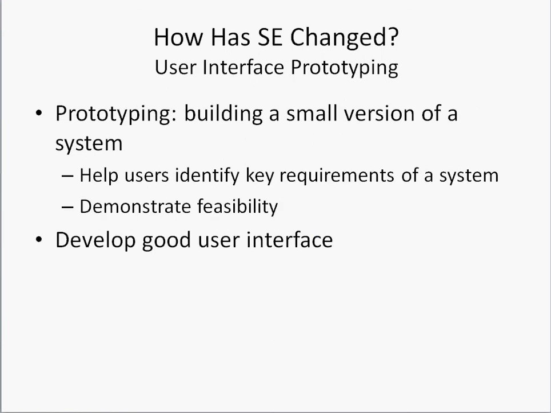User interface prototyping is another key idea, and prototyping basically involves building a mini or small version of a system. You may be familiar with an architectural prototype where an architect would put out a template in 3D where they actually build a mini tower or a shopping complex. This helps users identify key requirements of a system and helps develop good interfaces.